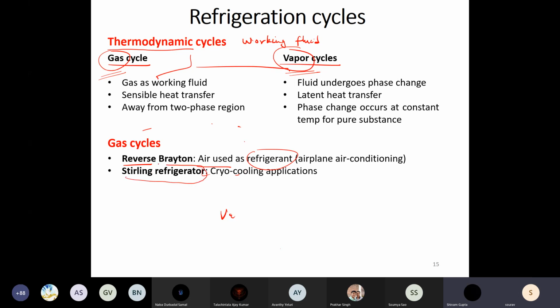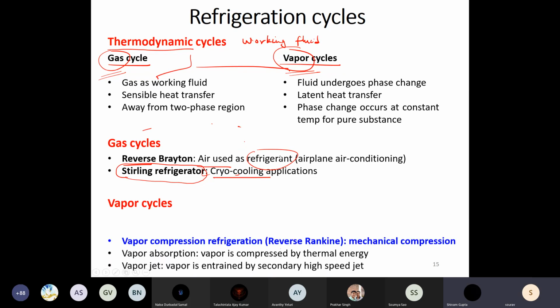It is used for very niche applications, for cryo-cooling applications, to preserve the temperature within the vessels which are carrying liquid fuels. The other one is the vapor cycle.